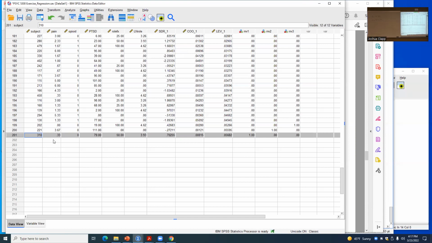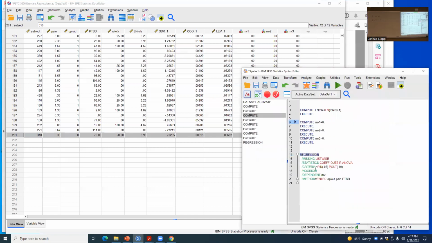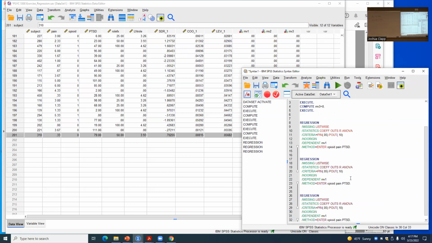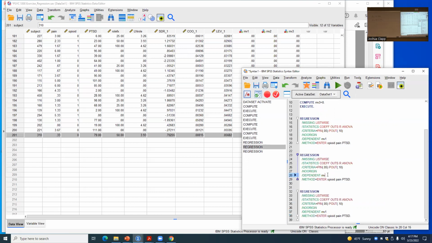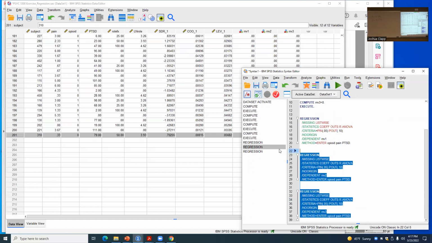Okay. So not only do we know that this is our highest leverage value, but we also have a reasonable understanding of the combination of variables that's driving this. So if we want to explore these top 3 that seem like the most egregious leverage values, we can copy our outcome and run the same model to predict MV2 and MV3 as well, right?